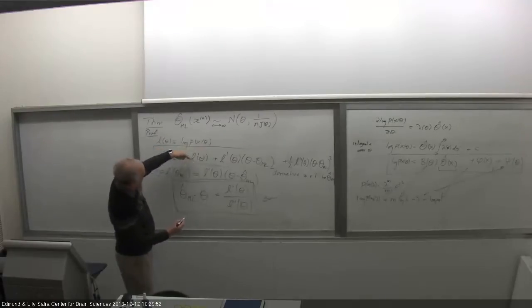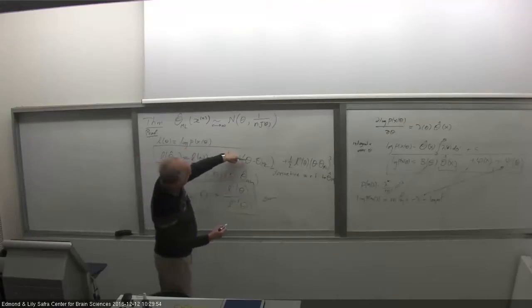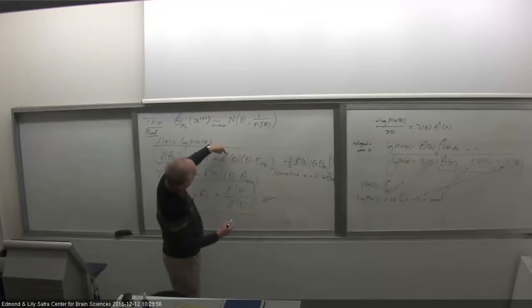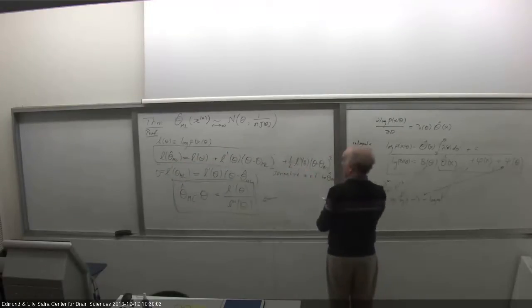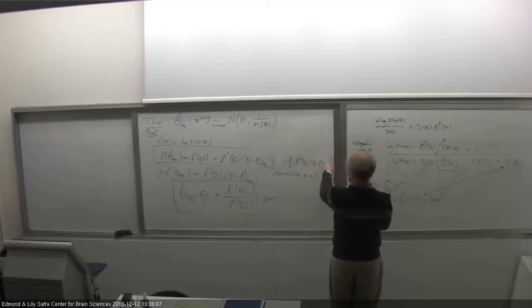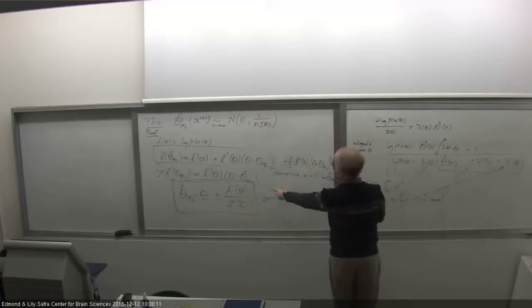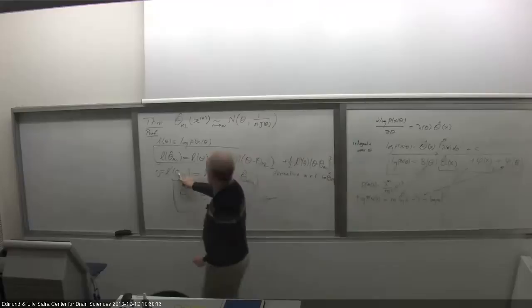This is independent of theta ml, so it's false. This gives me minus L prime theta. And this gives me the derivative of a square, so the 2 falls down, and then I use the fact that this is 0, and I get this.